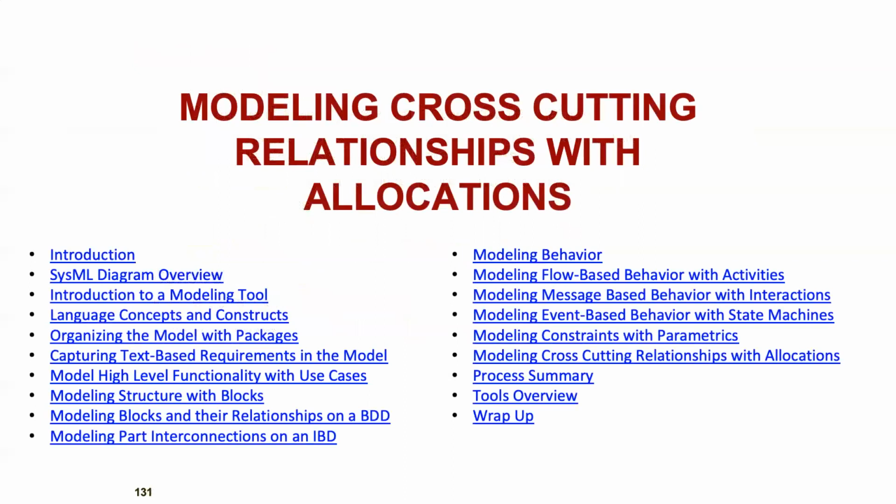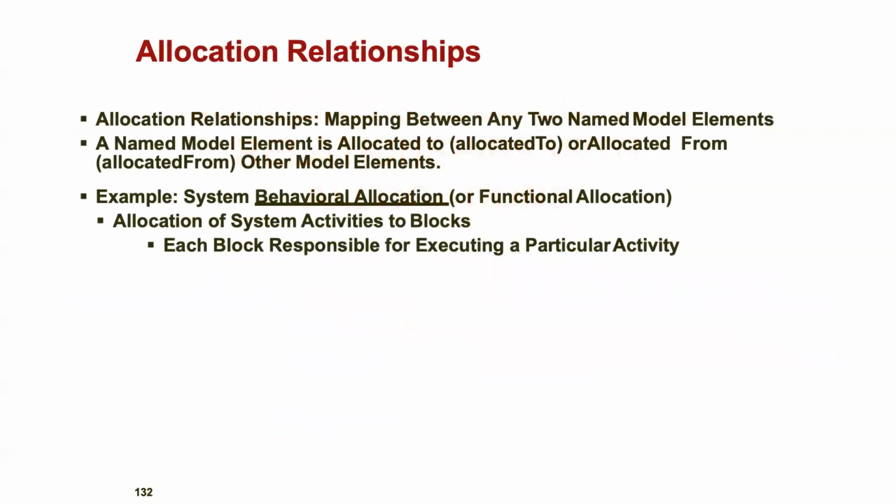Okay, now let's talk about modeling cross-cutting relationships with allocations. So now for allocation relationships, we're mapping between any two named model elements. A named model element is allocated to or allocated from other model elements.